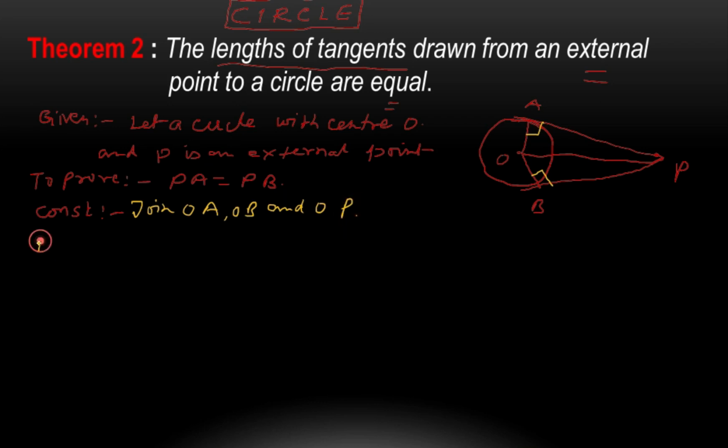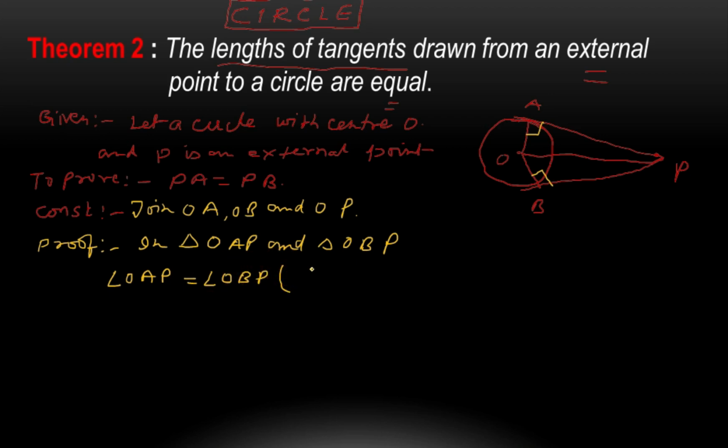Now proof. In the proof we consider these two triangles, OAP and OBP. Here we can easily write that angle OAP is equal to angle OBP.